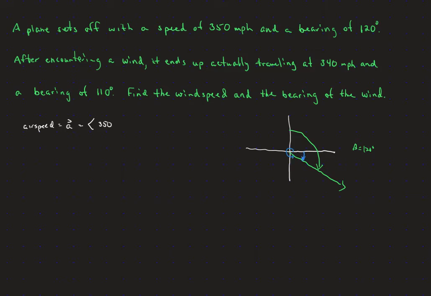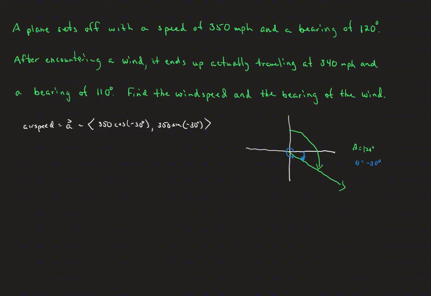It might be easier to recognize that since 90 degrees took us to the x-axis, the direction angle is either negative 330 or positive 330, either way. I'm just going to call it a cosine of negative 30 degrees for now, and then it's going to be 350 times the sine of negative 30 degrees. So that's our airspeed vector.